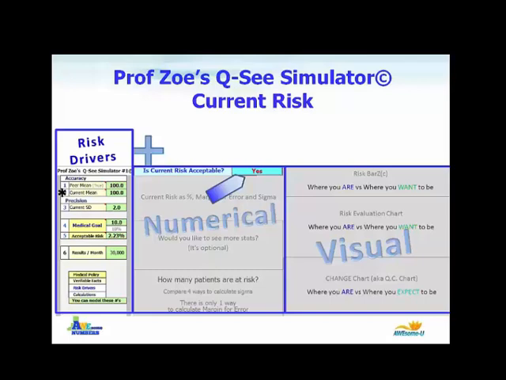Current mean, however, changes with every reagent lot change, as instruments change, as people change, the current mean changes with every calibration a little bit. The current SD changes. These are based on facts that come from the instrument. The medical goal and the acceptable risk level are based on the opinion of the medical director. Every time you change one of those 5 drivers, the assessment of whether risk is acceptable or not can change.